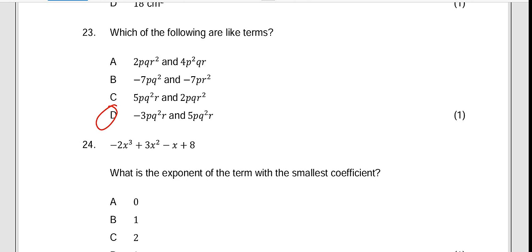They must have the same variable, and that variable must have the same exponent too. Like terms have the same variables with the same exponents.